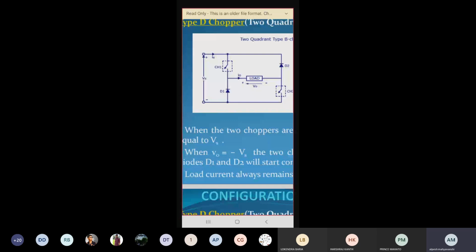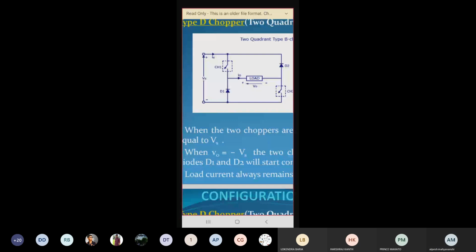So in this condition the current remains positive. In this type D chopper, the load current remains positive only, so this chopper operates in the first quadrant as well as the fourth quadrant.